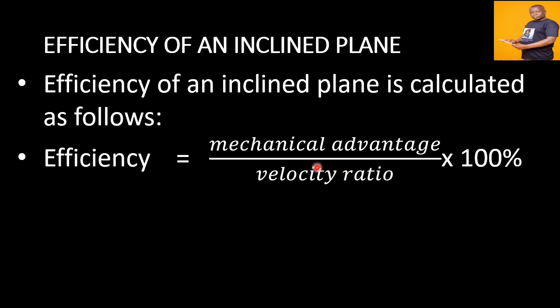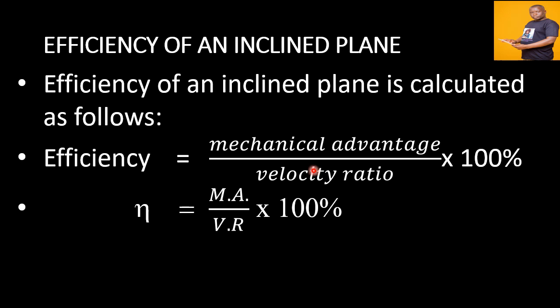So substituting or bringing in symbols, remember efficiency is represented by this symbol here, which looks like an N, but it's not an N. It's called eta. It's a Greek letter. It is chosen in physics to represent efficiency of a machine.